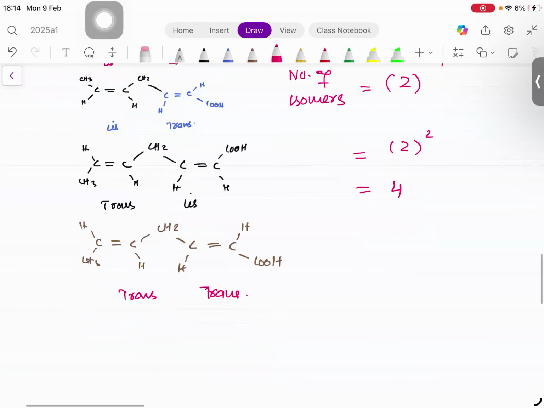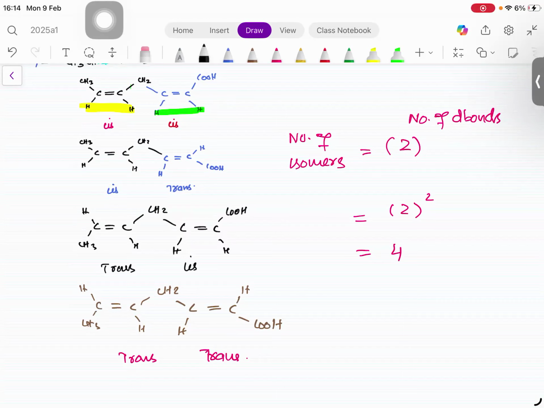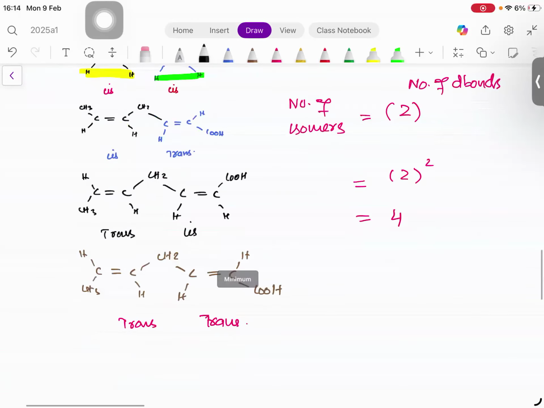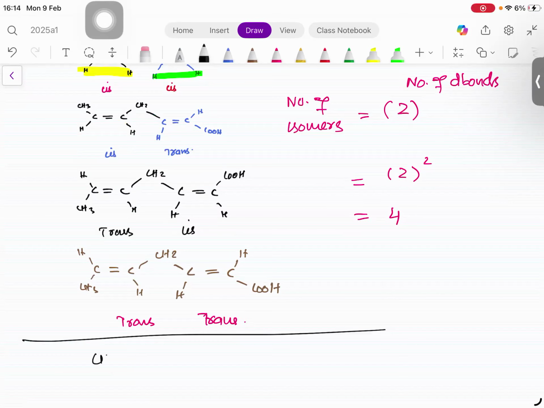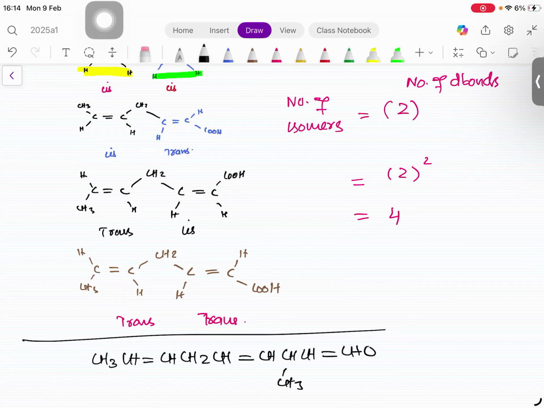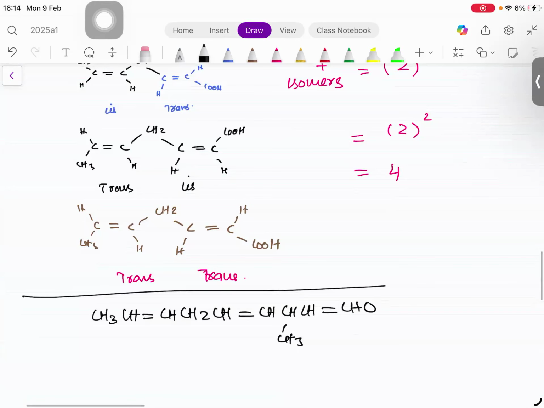So similarly, if there is a molecule, 2 raised to the power number of double bonds. For example, let me explain it. This is a compound CH3, CH double bond CH, CH2, CH double bond CH, and then CH3, CH double bond CHO. Now please pay attention.